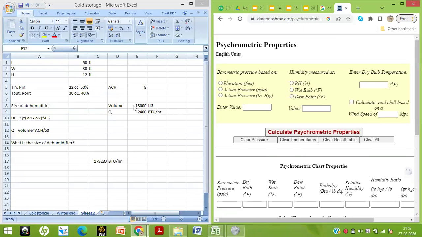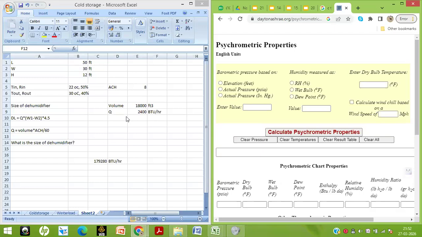Just now what you said is exactly correct. Based on our given dimensions, length, width, height, we need to calculate the volume first. Length into width is your area, area times height will be volume.